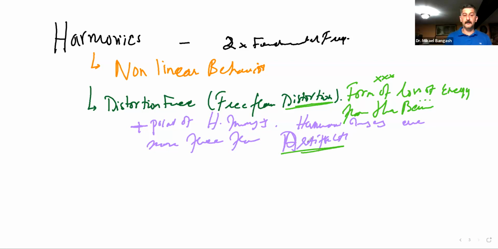So if you have a mechanism which is free from distortion, which means free from loss of energy, it'll be relatively less likely to have artifacts produced due to distortion or loss of energy, primarily from the beam.